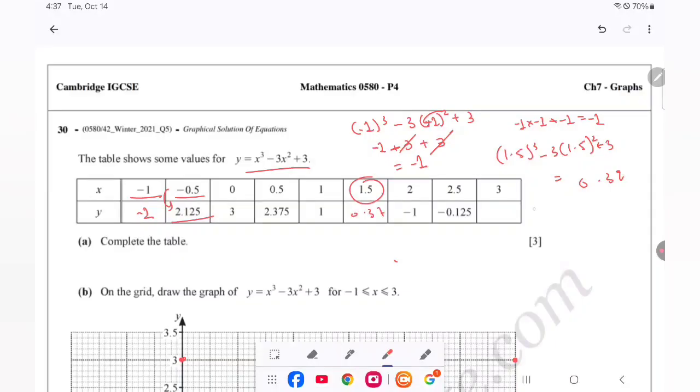On 3, it will give you 3 cube minus 3 square plus 3, it will also give you 3. So on x 3, y will be also 3, and on x negative 1, y will also be negative 1.